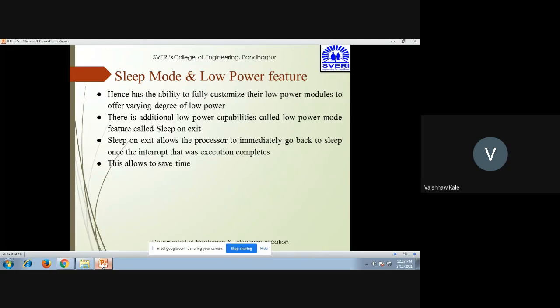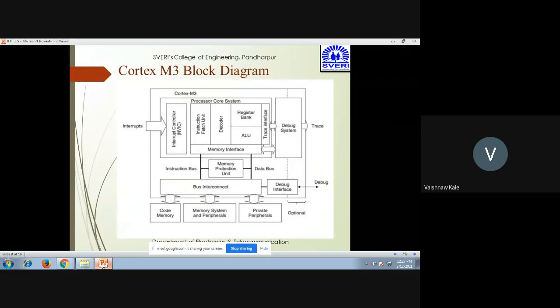Sleep on exit allows the processor to immediately go back to sleep once the interrupt that was executing completes. This saves time, and it also consumes less power. So this is called a low power feature of the Cortex M3 microcontroller.